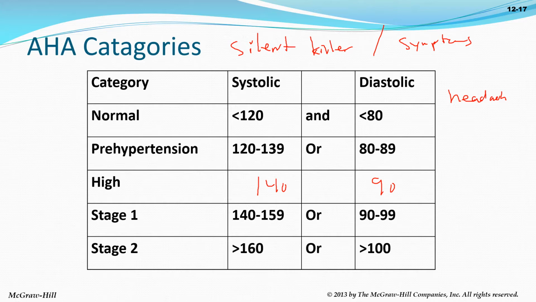So you might get a headache. Might have vision problems, right? You go blind. Too much pressure in the eyeballs. The kidneys now have to work twice as hard because there's so much pressure. So once the kidneys start failing, you start going blind, you start getting these intense headaches, it's already done its damage. High blood pressure partially killed you already.